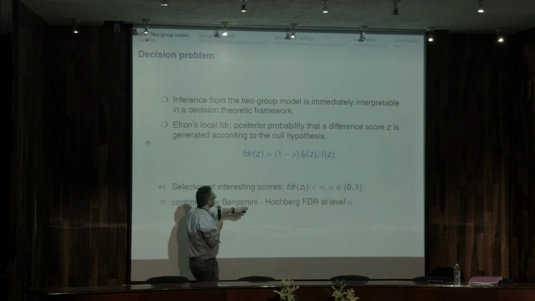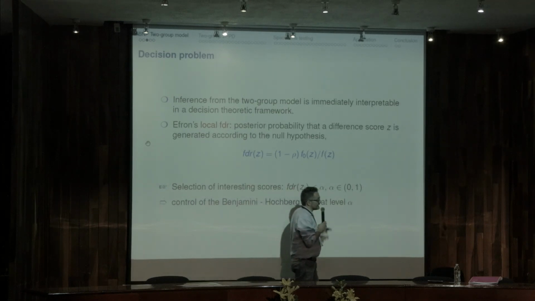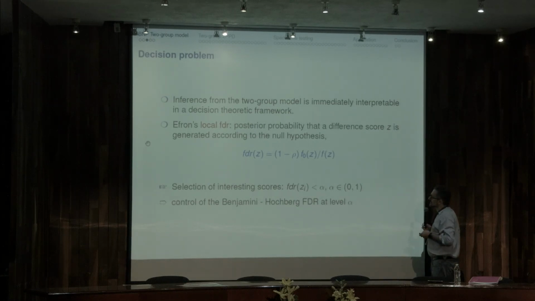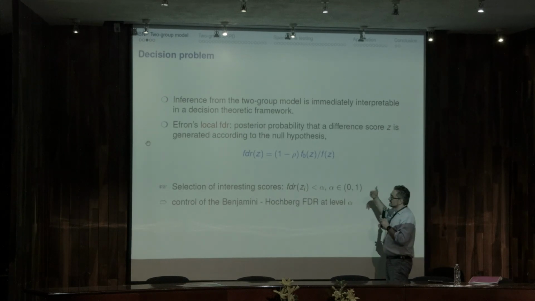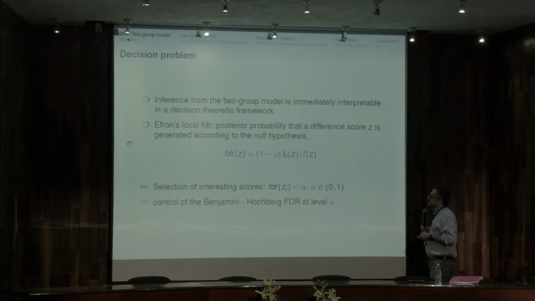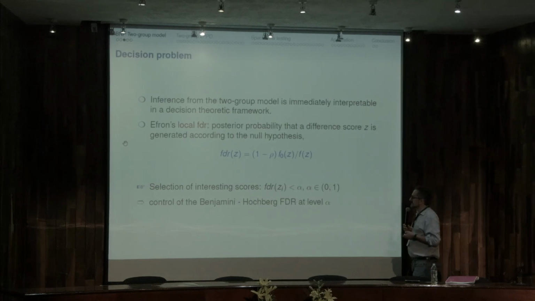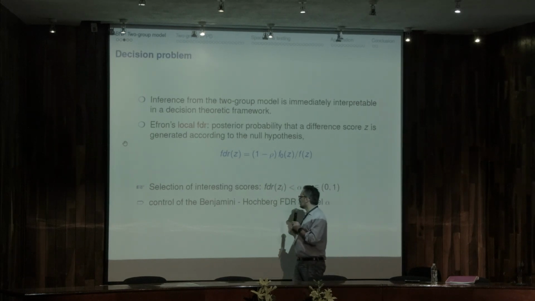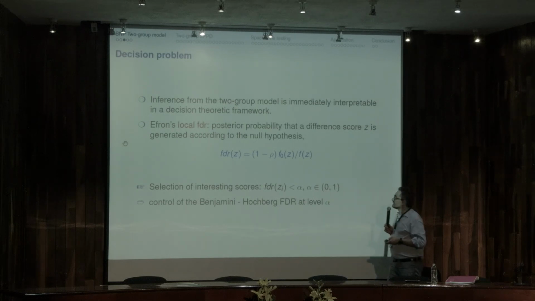Whenever this local FDR is less than a given threshold alpha, it selects these hypotheses as relevant, or significant. The observed score is significant. And this procedure is shown to control the Benjamini-Hochberg FDR at level alpha.